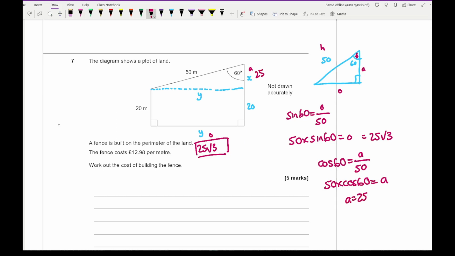And from this I can then work out what the perimeter of this shape is going to be. So here the perimeter is going to be 50 plus 25 plus 20 plus 25 root 3 plus 20.